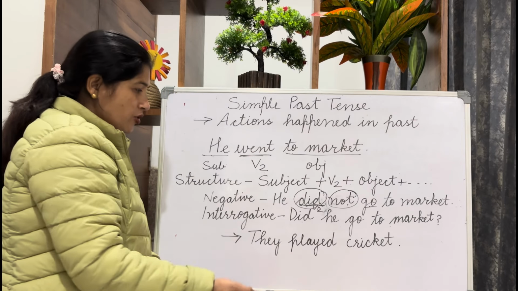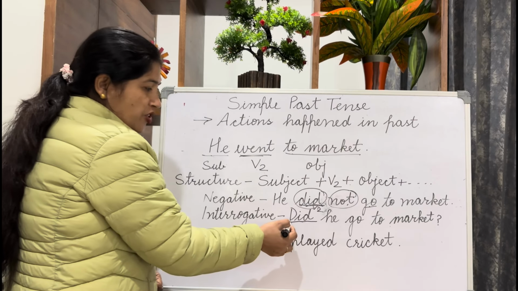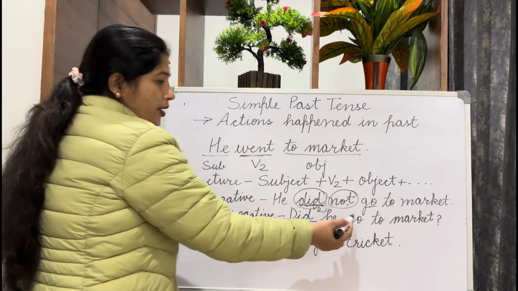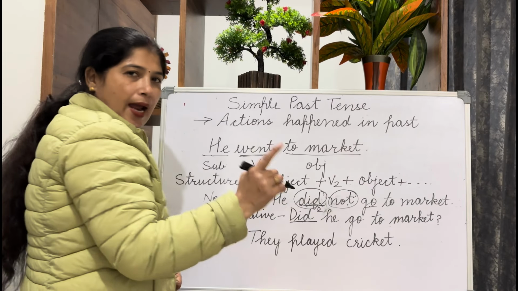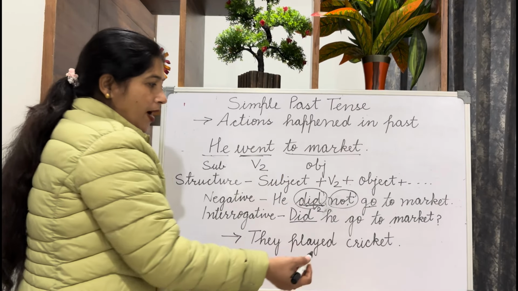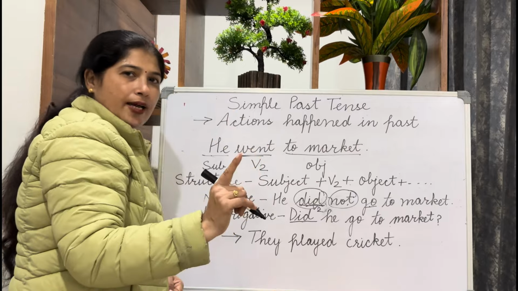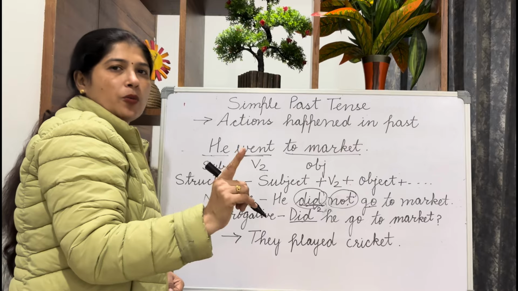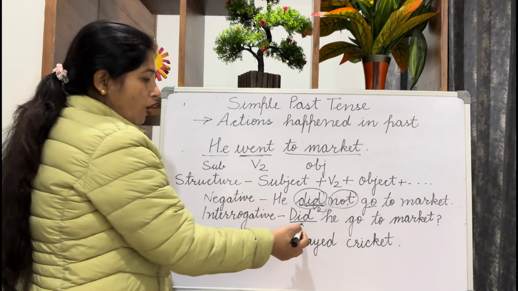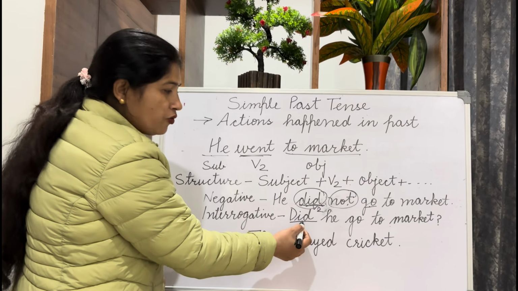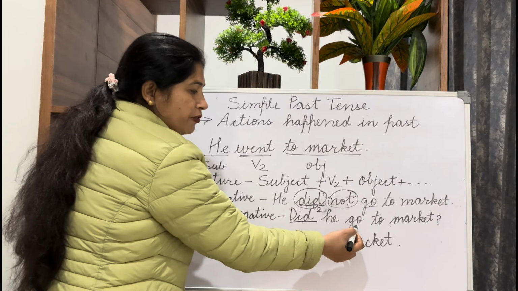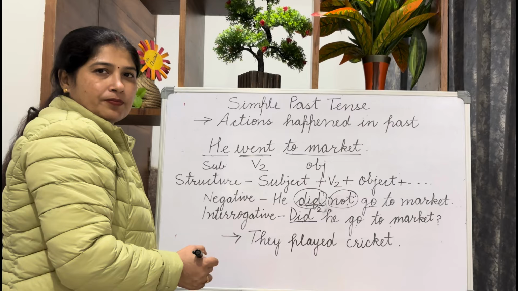And for making question, we have to start the question with did. Did he go to market? And one thing you have to keep in mind is that in one sentence, only one second form of verb is used. So already did is the past form of verb. That's why we will use the first form of verb here.